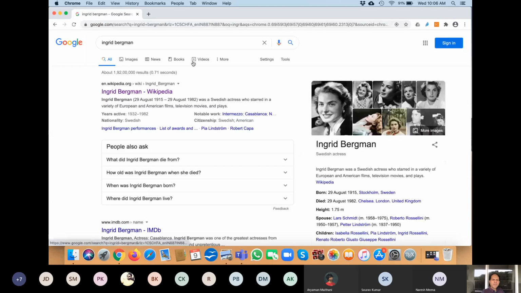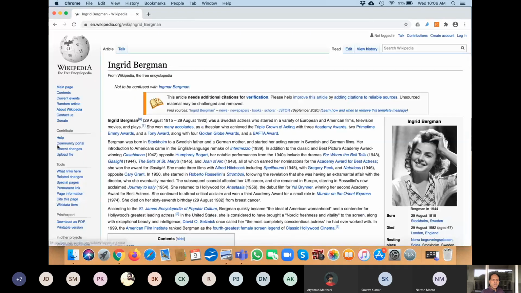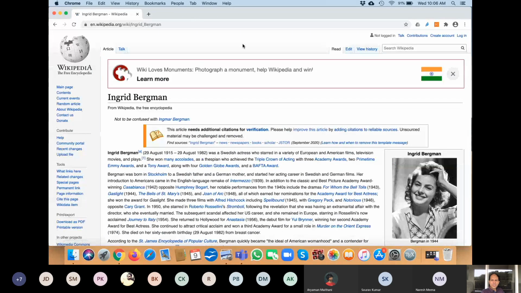Yeah, Ingrid Bergman. She's a very famous Swedish actress. Have you seen movies of Hitchcock and all that? She has acted in several Hitchcock movies, some of my favorite movies actually. Her date of birth is 29th August, and death date is also 29th August.